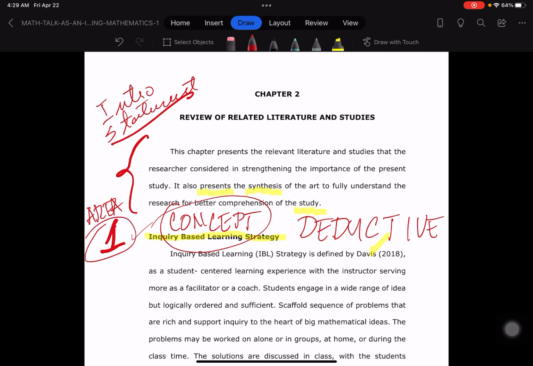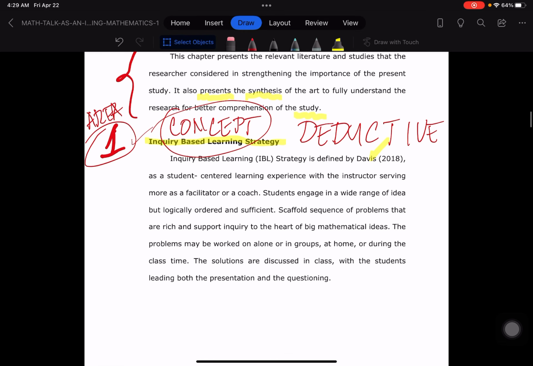Again, it is stated here that you should write it in deductive method. And on this particular side, area 1, I labeled this so that you can follow the discussion based on the topics. So this is topic 1, subtopic 1, and the heading is inquiry-based learning.